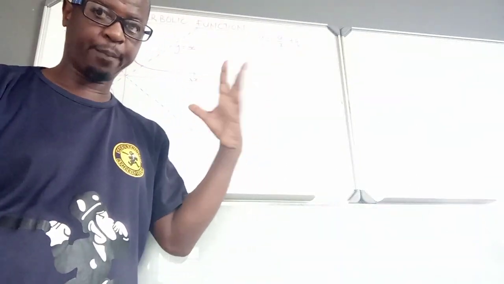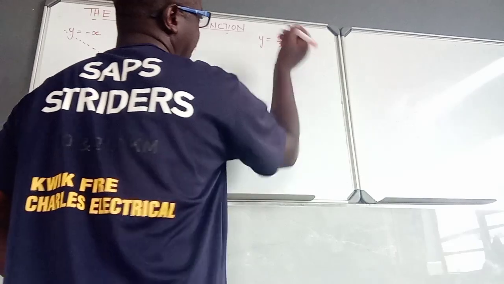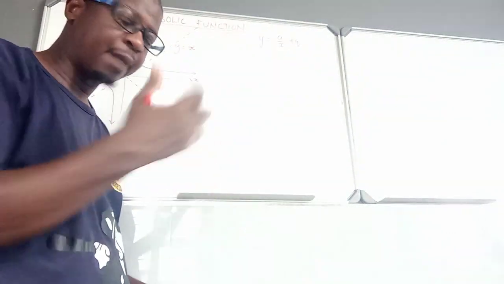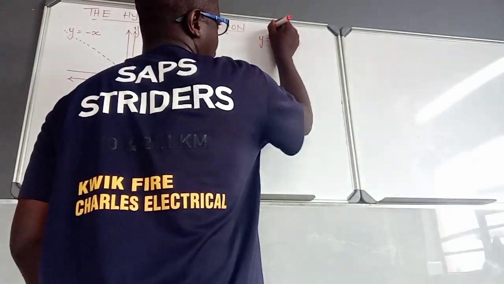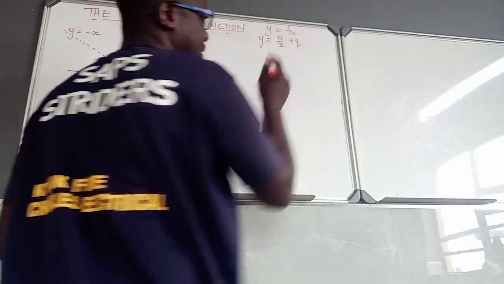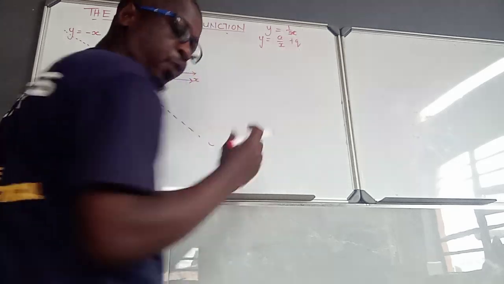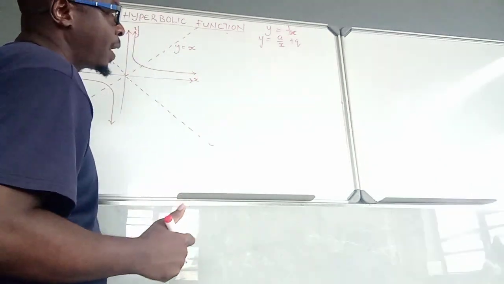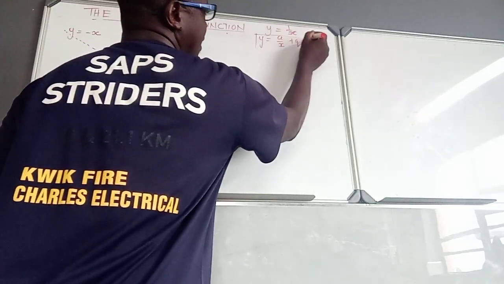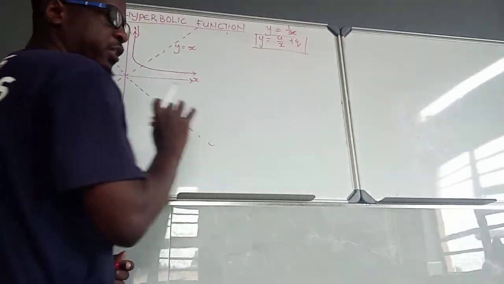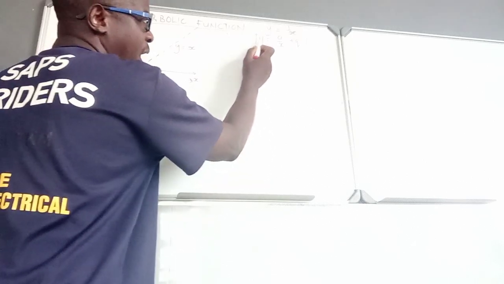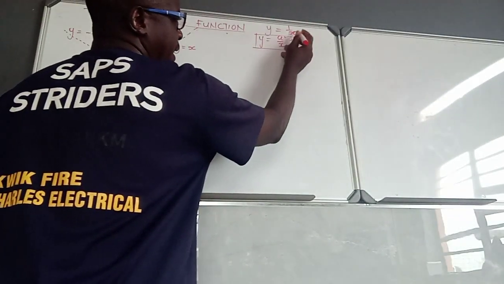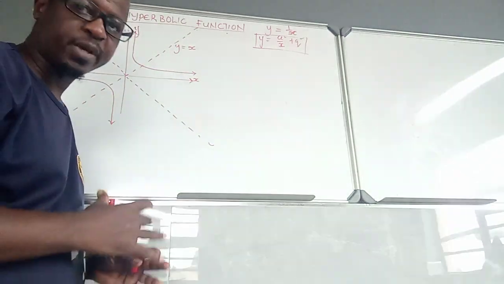The first thing I want you to think of when I say hyperbola is y is equal to 1 over x. But now we need to emphasize, this is very important, this is the general form of the formula: y is equal to a over x plus q. These a and q are transformations of the graph.